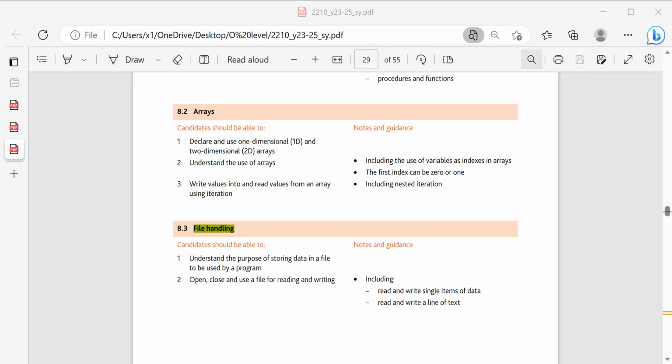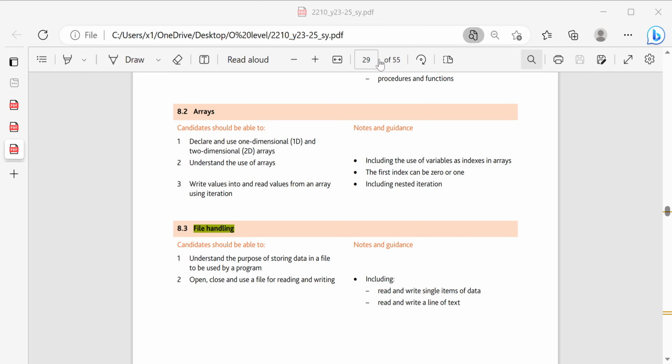Whenever you want to write data inside the file, you use the input statement, and whenever you want to read data from the file, you use the output. For writing, you use the input operation, and for extracting or reading data from the file, you use the output operation. So any one of these terms can be encircled, either input or output. It will carry 1 mark, and you will acquire 5 marks out of 5.